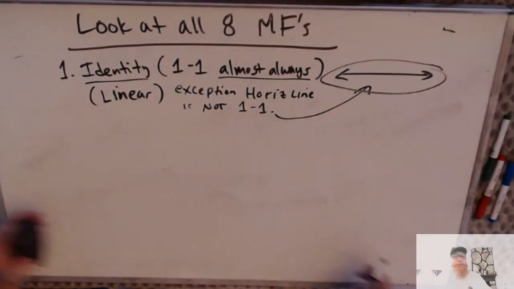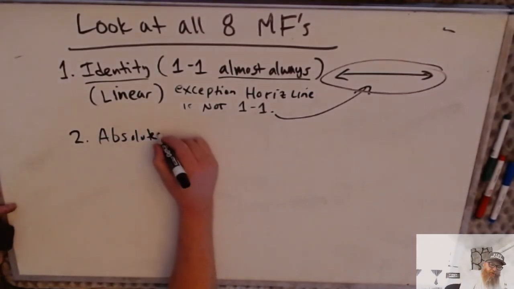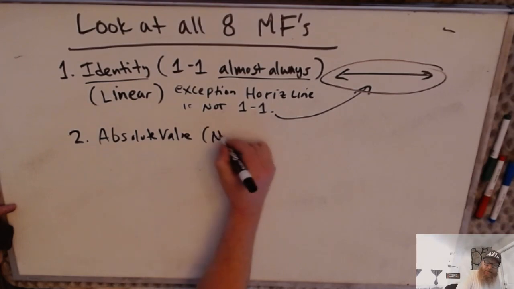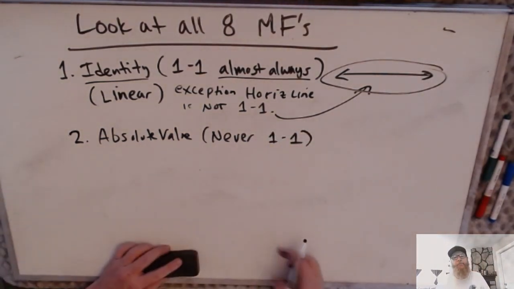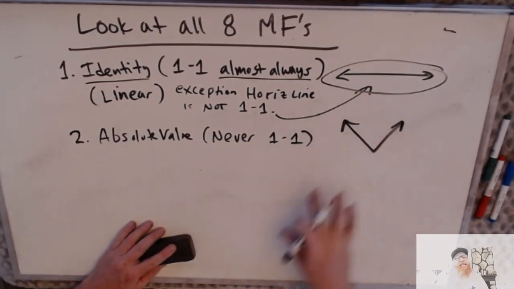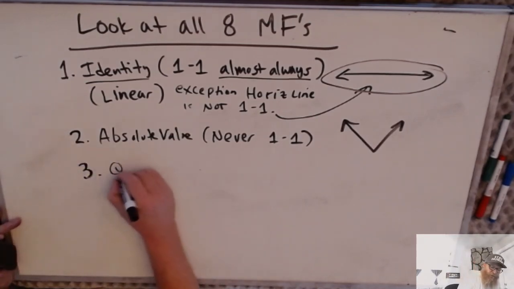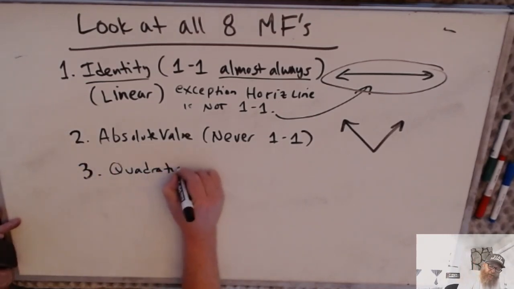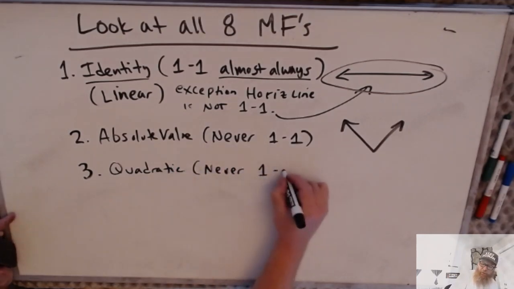Lines. Okay. Number 2, absolute value. The absolute value is never one-to-one. The shape always looks like a V. It is never going to be one-to-one. The quadratic is never one-to-one.